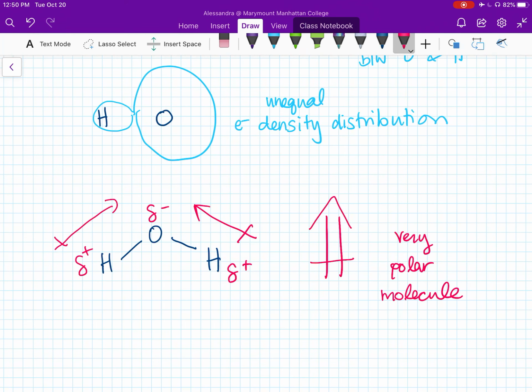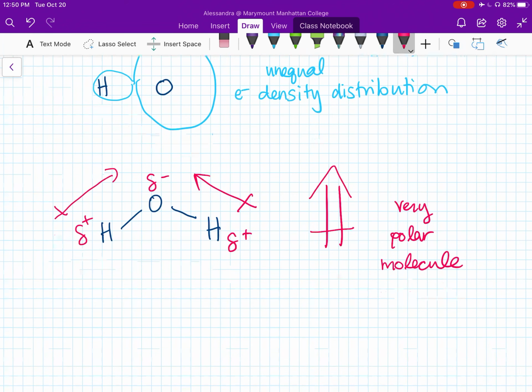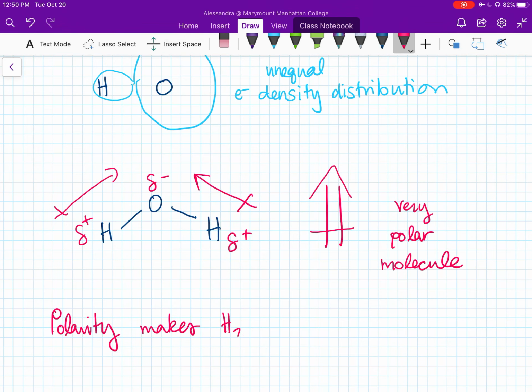The polarity is the basis for dissolving polar compounds like salts, ionic compounds, and even non-ionic compounds like sugar, for instance. Anything that has polarity is going to be easily dissolved in water. So the polarity is what makes water such a good solvent.